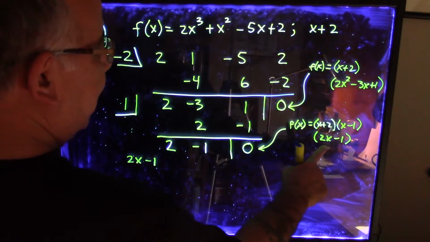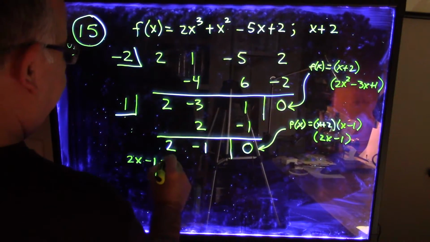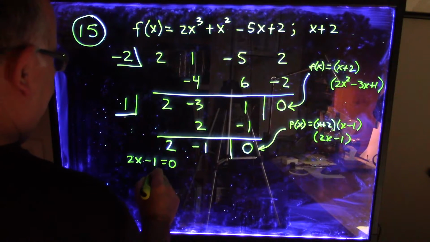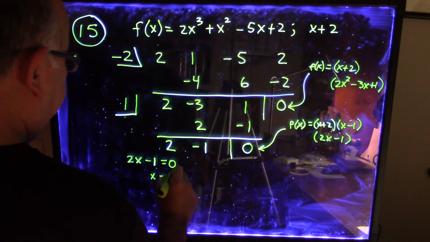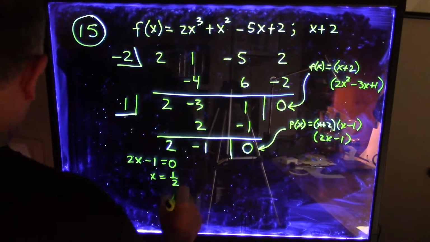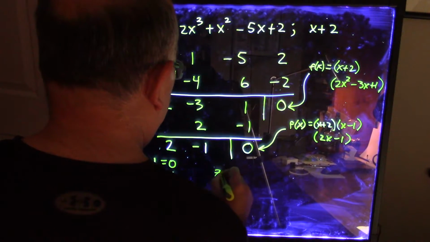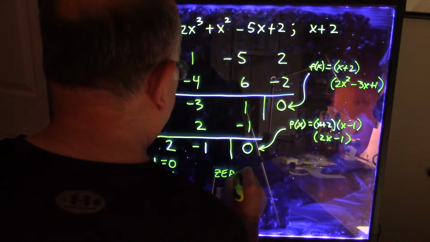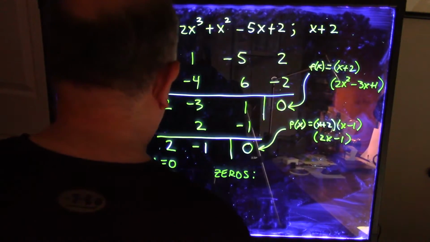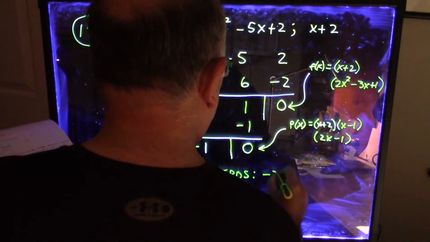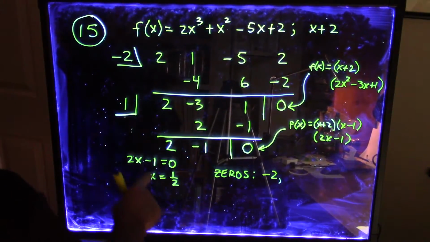So what I'm doing is setting that equal to 0 and solving that for x. So x is equal to a half. So our zeros, or our roots, are minus 2, 1, and 1/2.